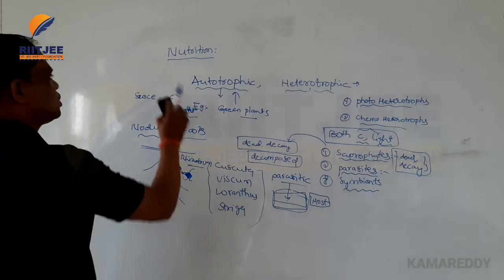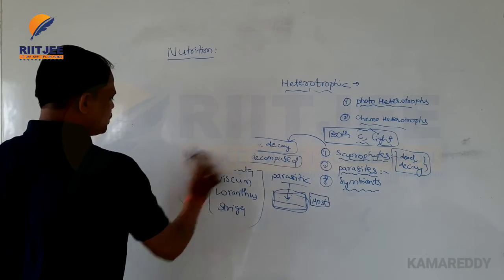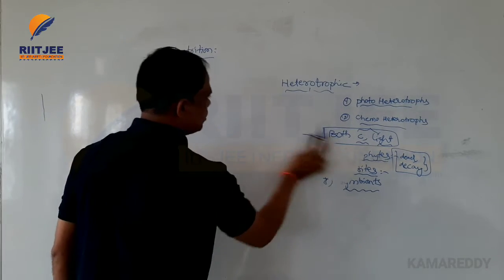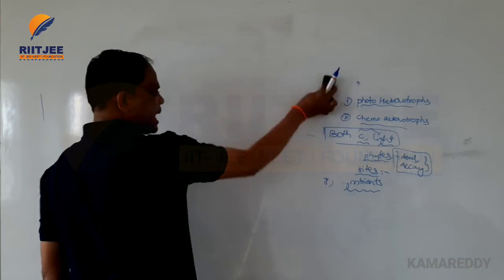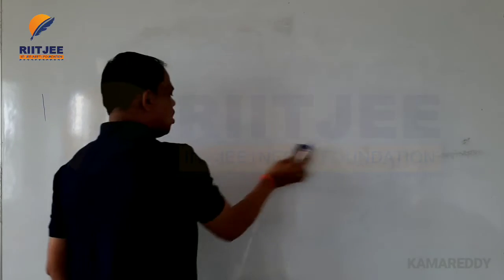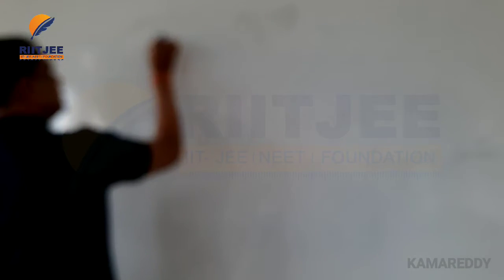Okay, right? So the next one is photosynthesis. The next metabolic activity is photosynthesis. For example, all the green plants can synthesize food materials.